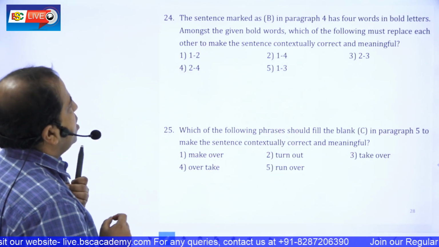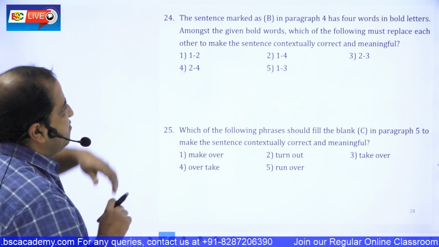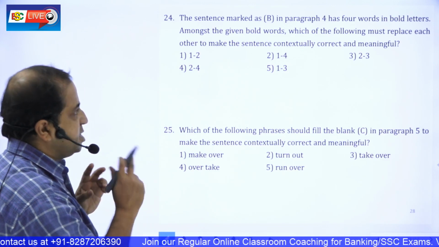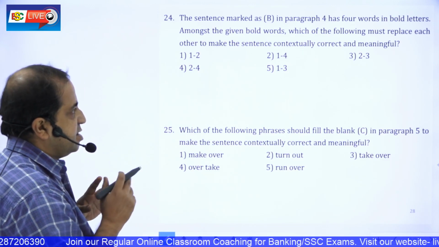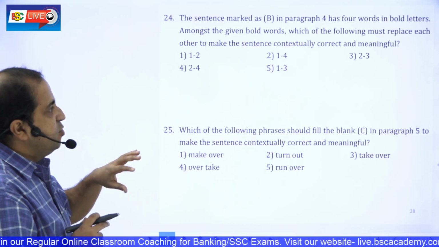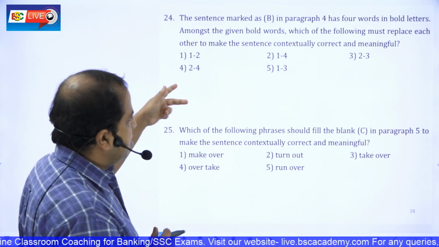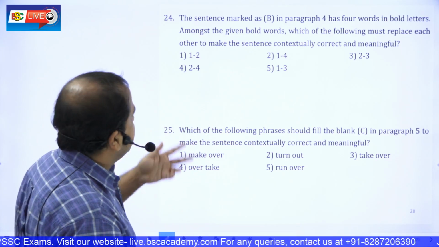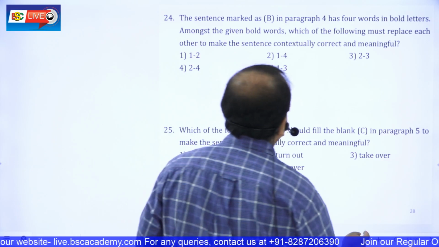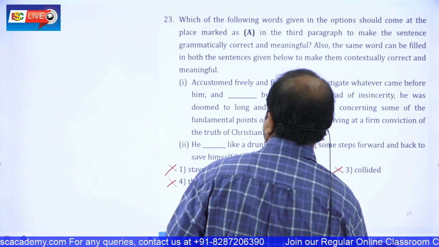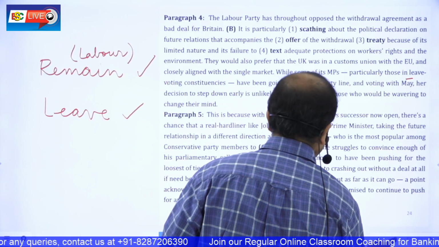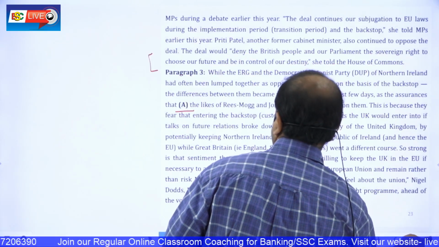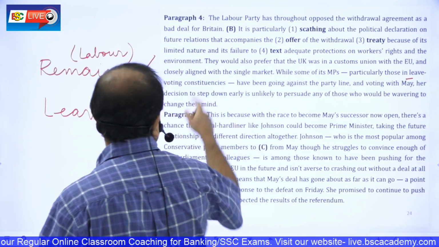The sentence marked as B in paragraph 4 has 4 words in bold letters. Amongst the given bold words, which of the following must replace each other to make the sentence contextually correct and meaningful? Those 4 words are given there, and which 2 should we replace. Sometimes there are 2 pairs too, so which 2 should we replace so that the meaning becomes clear. So let us go to paragraph 4.